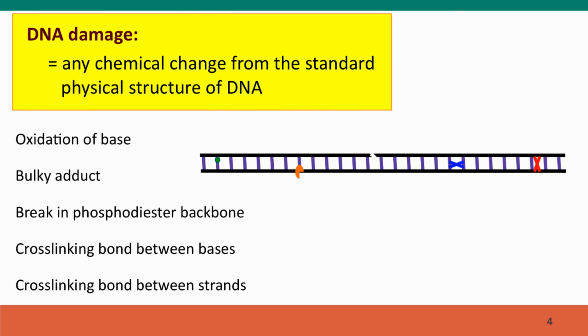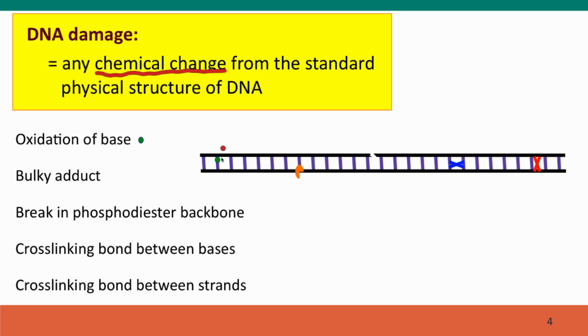So what is this DNA damage stuff? Really, we use the term DNA damage to refer to any chemical change from the standard physical structure of DNA. So damage includes such things as the oxidation of a base, shown here as a little green dot.